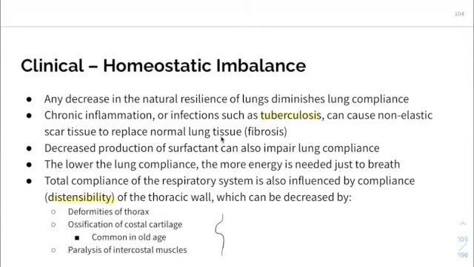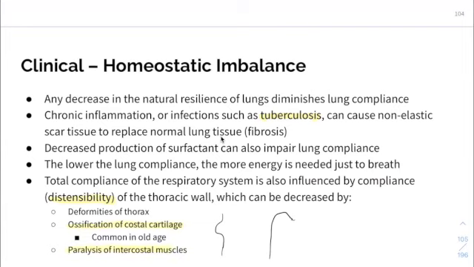Someone who has kyphosis, that's a very exaggerated one, doesn't have the space for their lungs to expand, so it's very hard to breathe. As I stated earlier, in old age, ossification of that costal cartilage decreases compliance because it makes it hard to breathe.